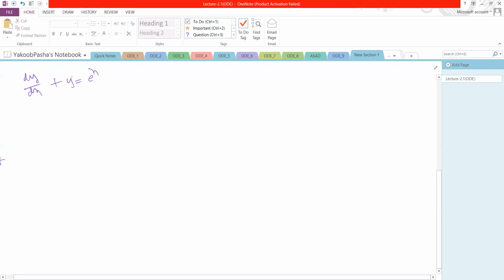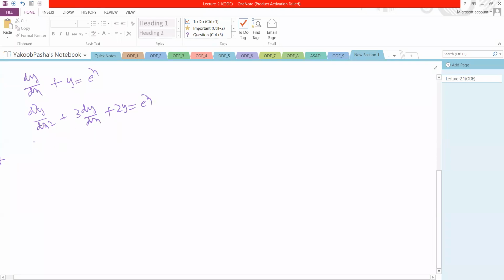So it contains the derivative d by dx, so it is an example of a differential equation. And I'm taking another example, d square y by dx square plus 3 into dy by dx plus 2 into y is equal to e to the power of x. And this is also an example of a differential equation.